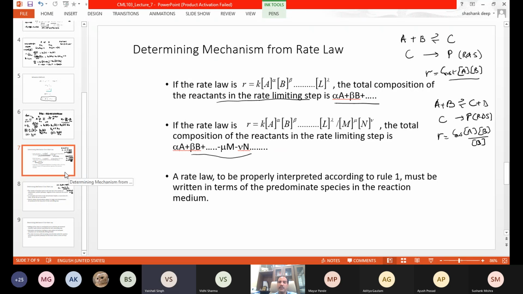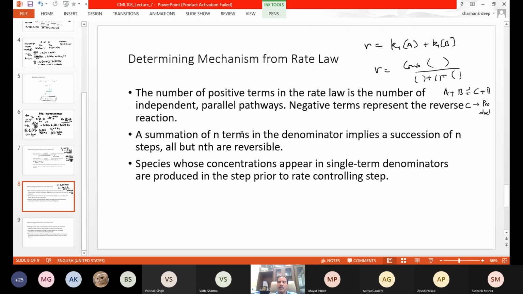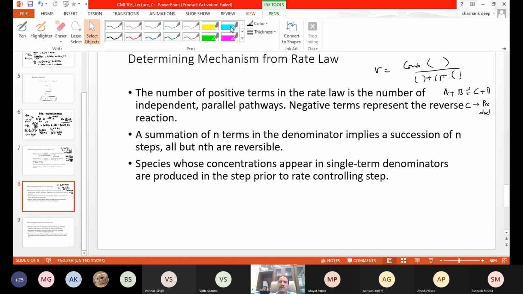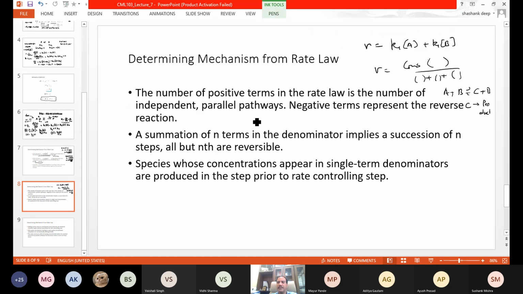Now let us go to the third. The number of positive terms in the rate law is the number of independent parallel pathways. Okay, keep that in mind. A negative term represents a reverse reaction. If you remember, in the last example which I showed you, there was one negative term. It means there is a reversible reaction.